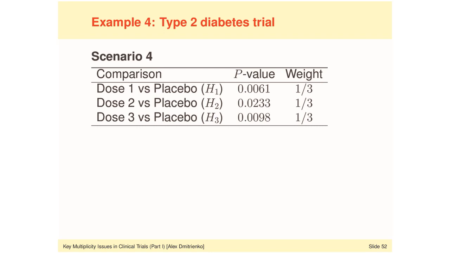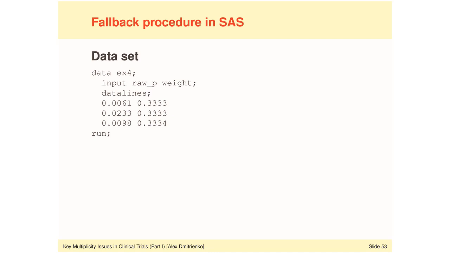In addition to those numerical values, I'm going to point out that we assume for simplicity that the individual comparisons or the individual hypotheses in this multiplicity problem are assumed to be equally important, and therefore the hypothesis-specific weights are all set to 1/3.